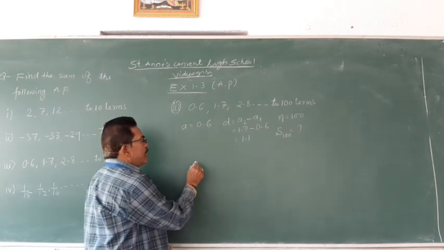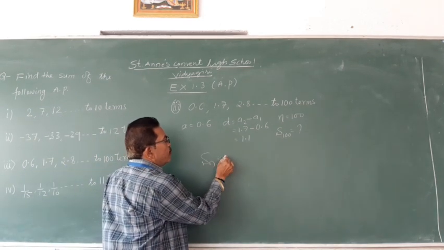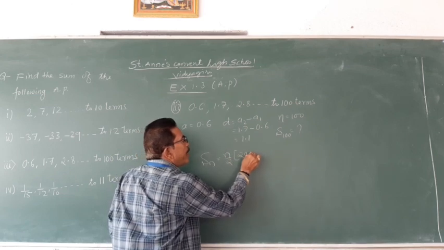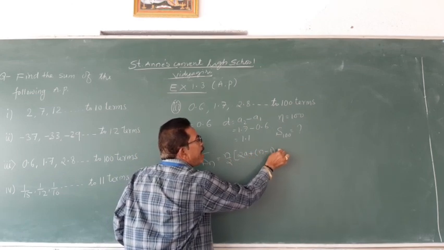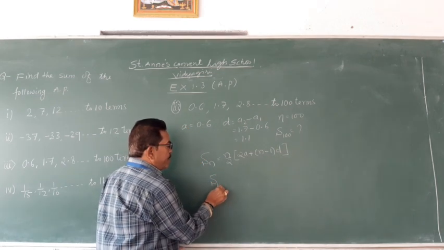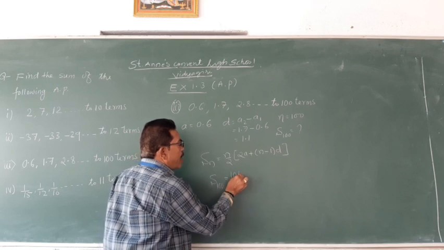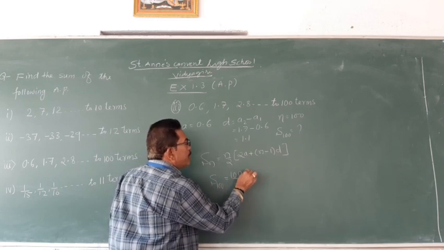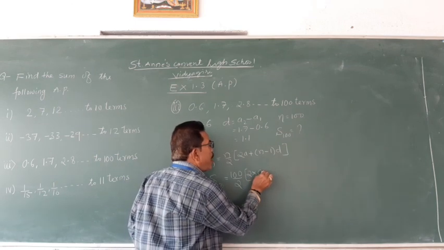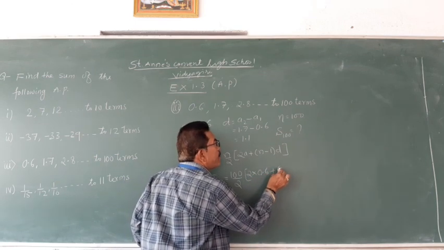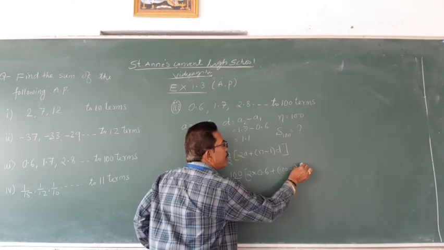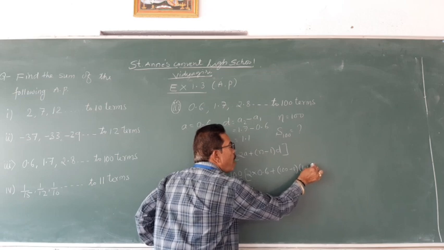Now by using Sn equals n by 2 in the bracket 2a plus (n minus 1) into d, S100 equals 100 by 2 in the square bracket, 2 into 0.6 plus (100 minus 1) into d, that is 1.1.